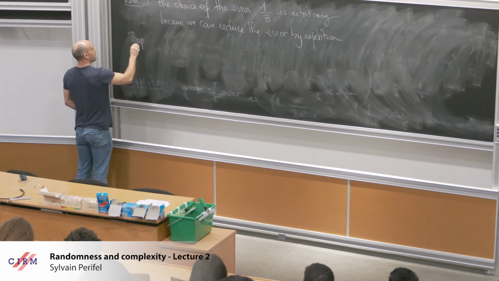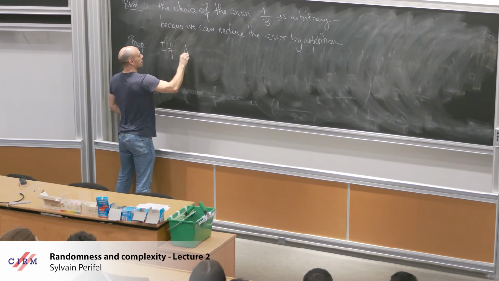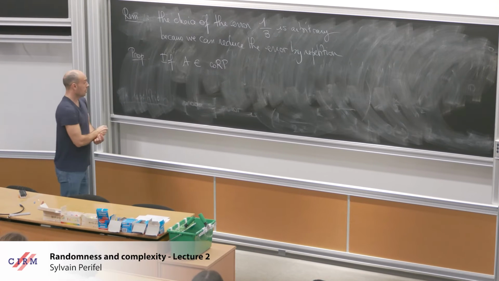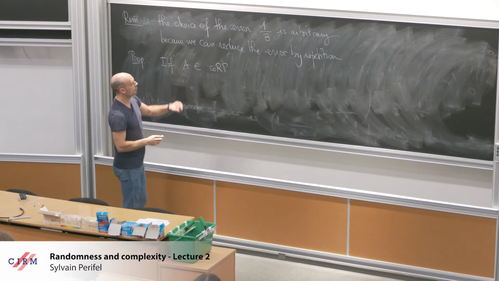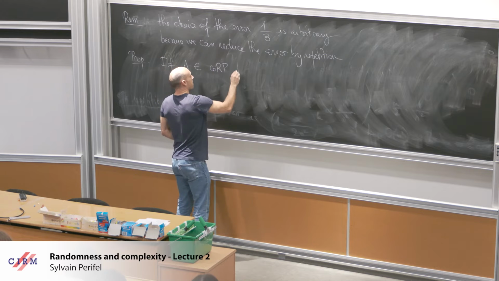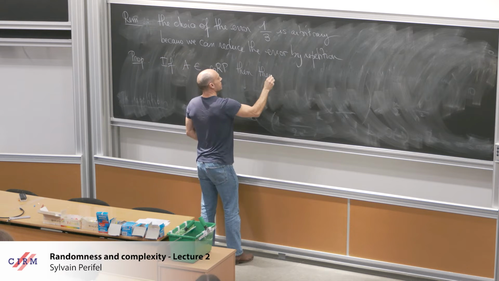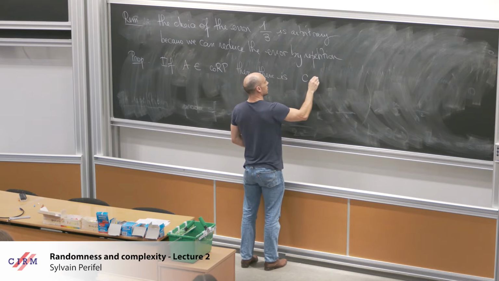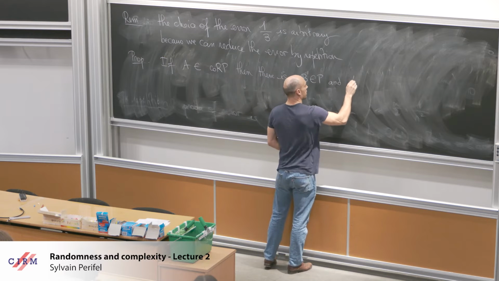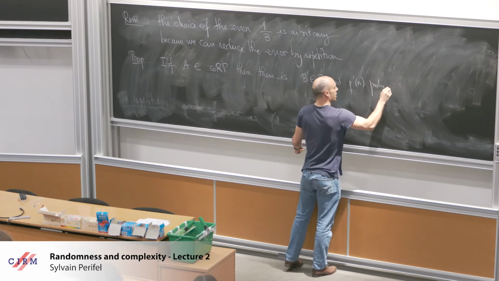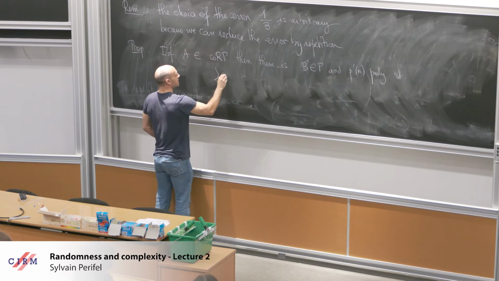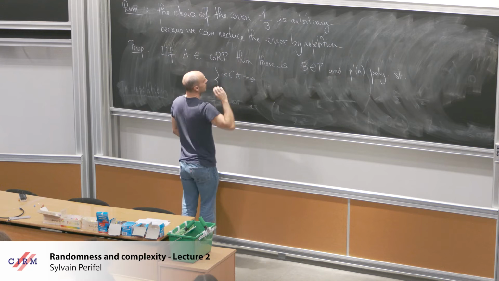Proposition. If you have a language A in co-RP, or in BPP also, I will try to explain why it works also for BPP, then there is another language B' in P, and P' a polynomial, such that if X is in the language, then of course you make no mistake as before.